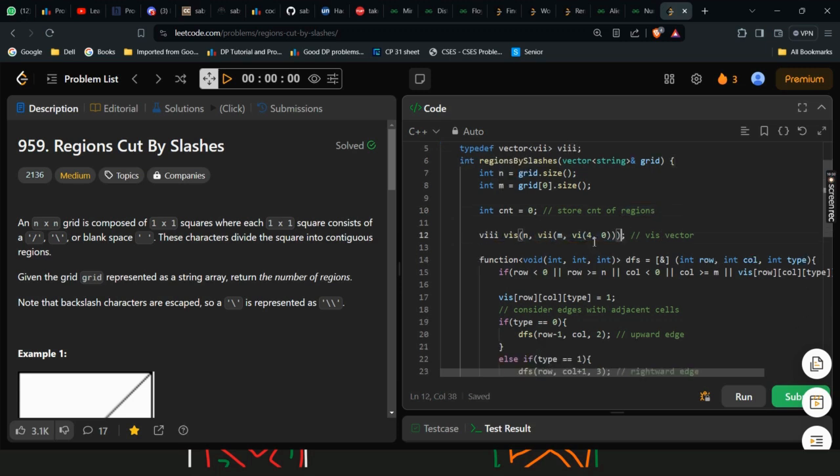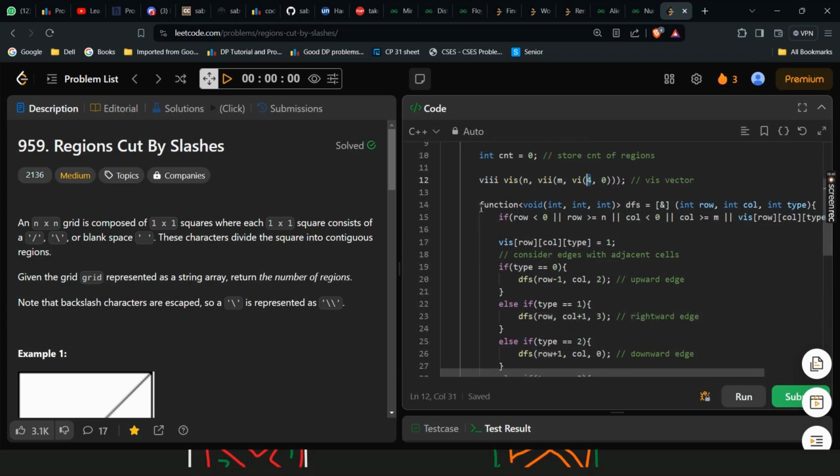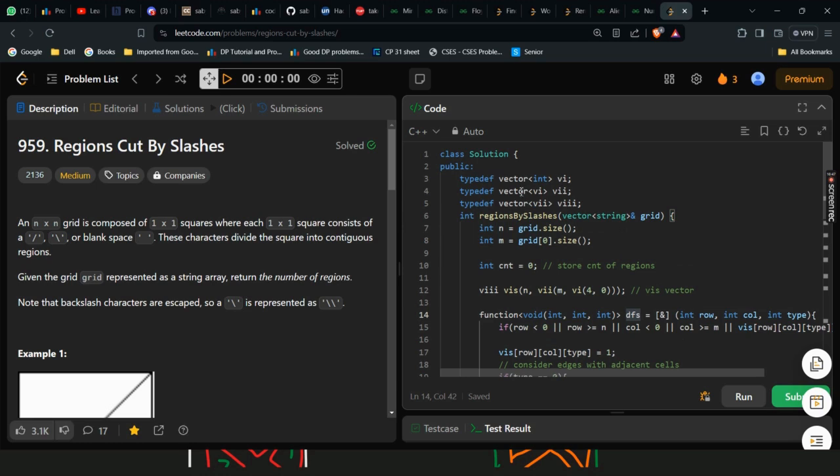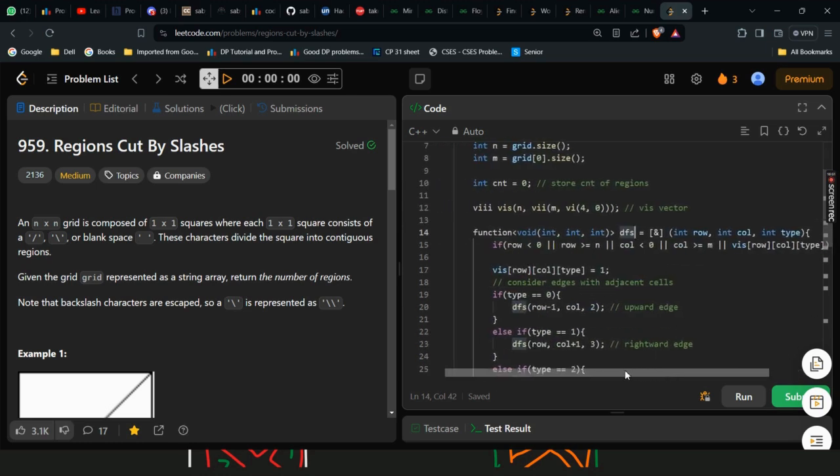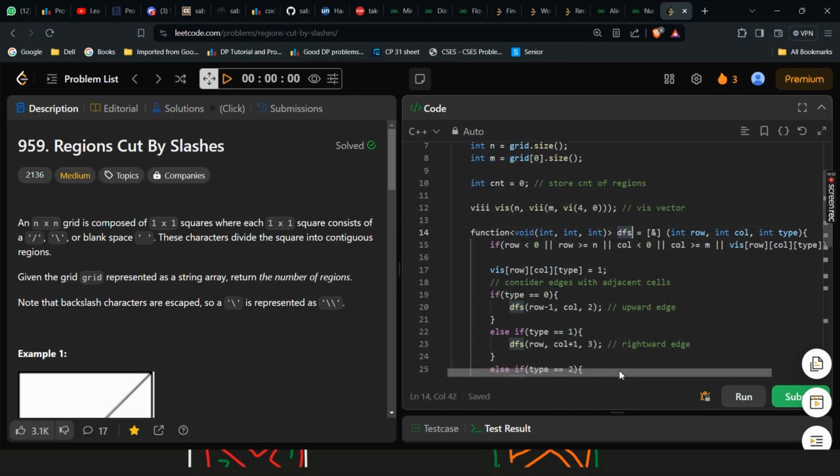This is just a visited vector, a three-dimensional visited vector, n cross m cross 4. 4 is for 4, as we have 4 different types of triangles, right? I have implemented a lambda type of DFS function. You can also implement it outside the function, but I implemented a lambda function just to remove the additional parameters.